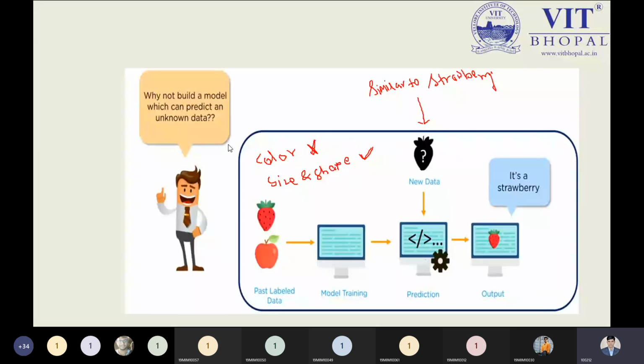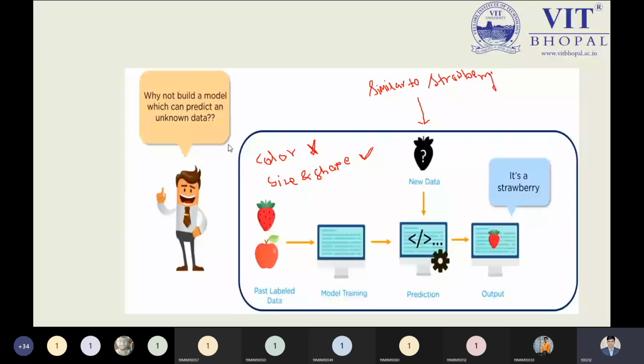Is it a strawberry or is it an apple? You can see in the image here there are two fruits, apple and strawberry, and that is known as the past labeled data, or the recognized information we have. The new input I am putting in is the black strawberry.